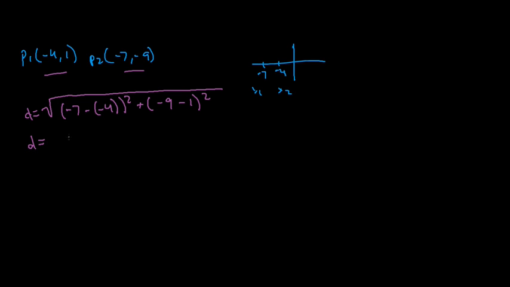Simplify. So minus 7 minus 4, again that becomes a plus. So we have minus 3 squared and minus 10.